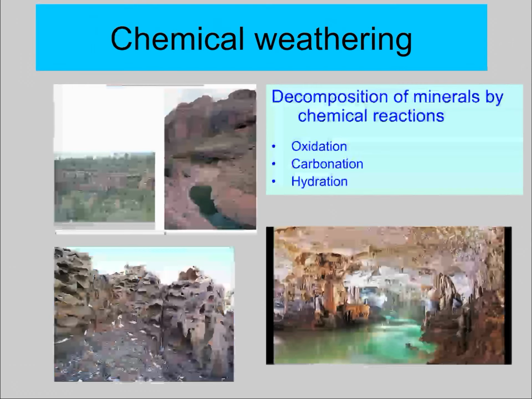Chemical weathering, on the other hand, is going to be decomposition of minerals by chemical reactions. Three kinds that we're going to talk about are oxidation, carbonation, and hydration. So oxidation, on the upper left-hand image, the really red nature of the rock you see here is due to oxidation of iron minerals.